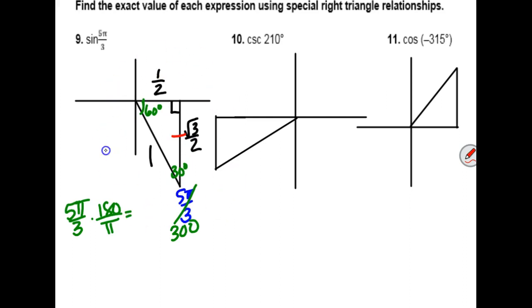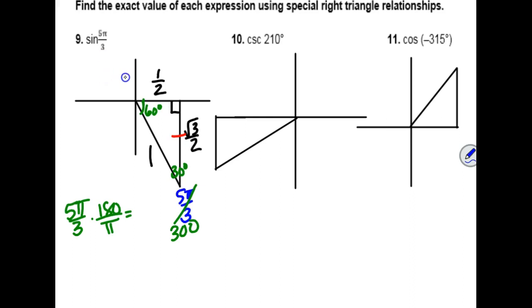If you don't like that, sometimes when I teach this, I tell the kids to call the x leg a 1, and then call this a 2, and then call this a square root of 3, and then you can set up your sine ratio based on the sine formula that we just learned, the y over r. You have to do a little rationalizing sometimes, but it's okay.